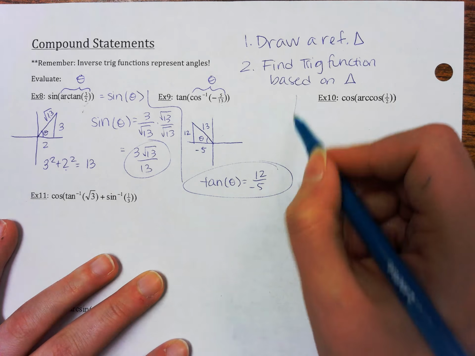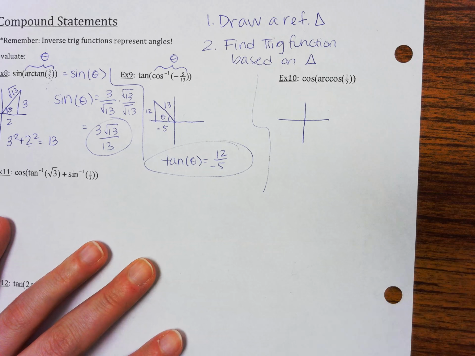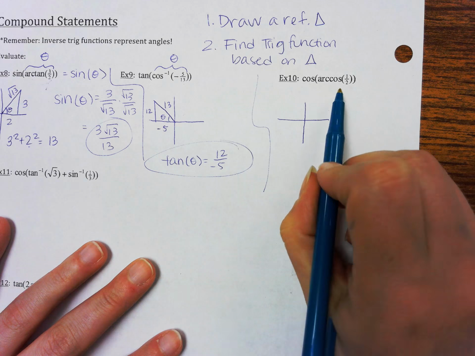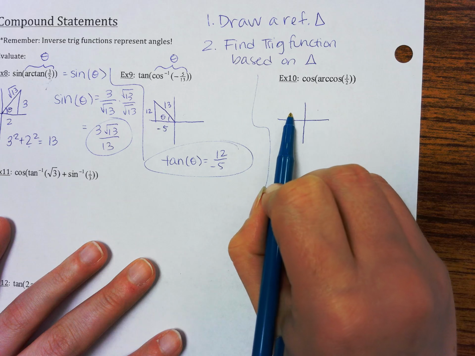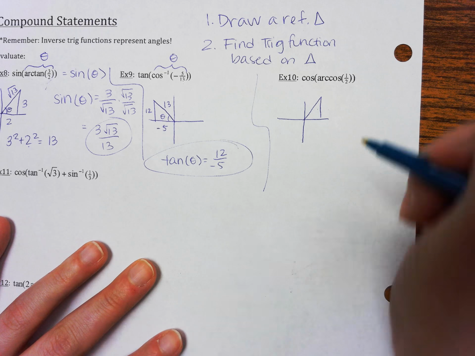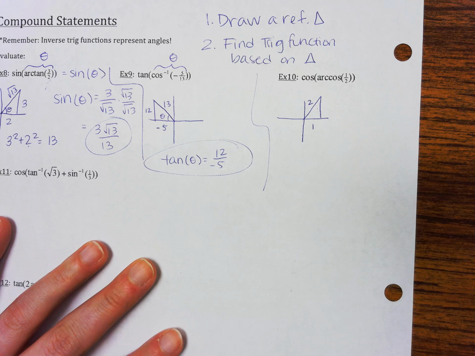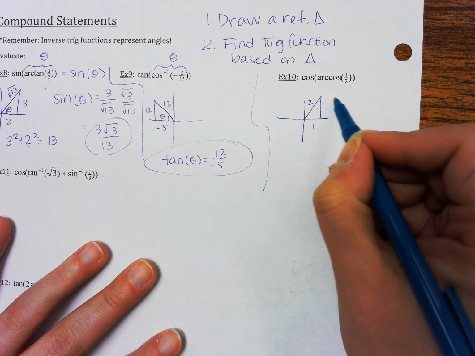Okay, example 10, same idea. We're finding the arc cosine of 1/2. Cosine is restricted to quadrants 1 and 2. This is positive, so we're in quadrant 1. It's adjacent over hypotenuse, and we can use that to complete this triangle.